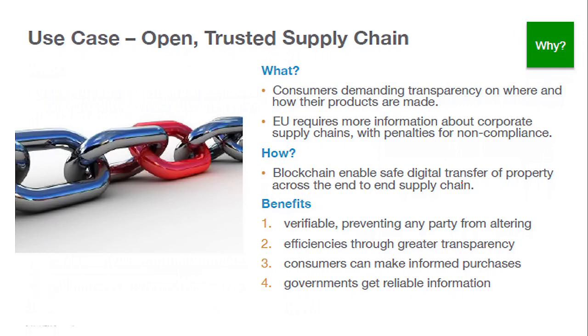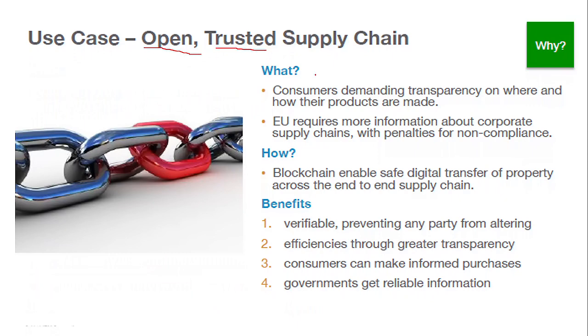Governments also will get reliable information, right? And they can also verify any kind of deals that are happening across multiple parties. So three words: openness, remember the characteristic that you mentioned within the distributed system, right?